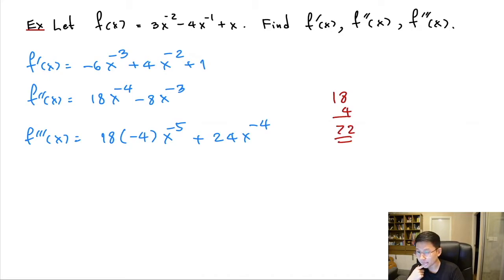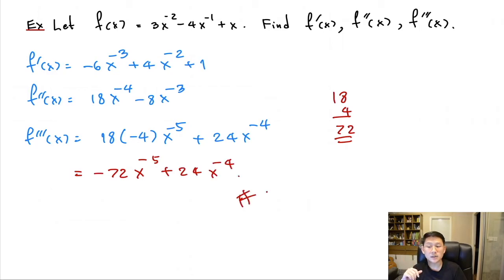Okay, so we have minus 72x to the power of minus 5 plus 24x to the power of minus 4, and that's it. Done. Make sense?